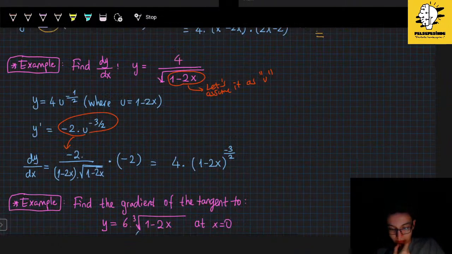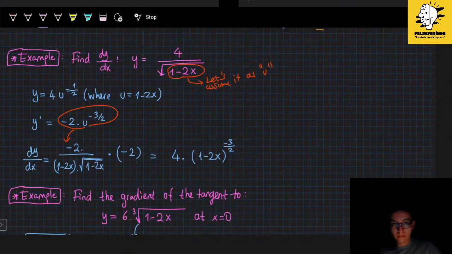So, when we take a look at this equation, we can actually write the denominator as having the power of minus 1 over 2.